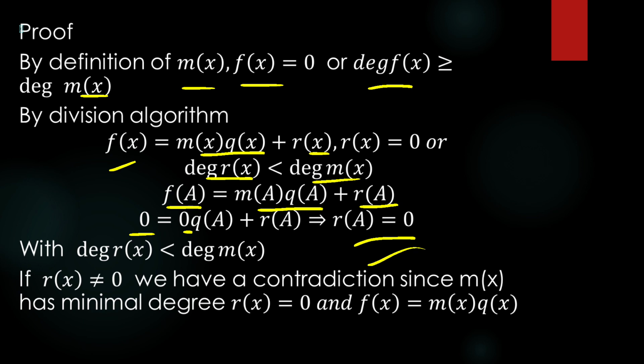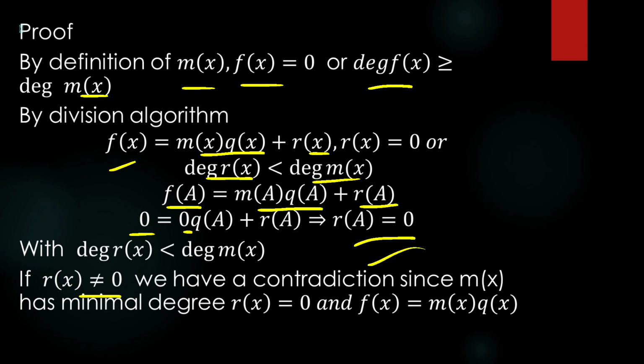And if there is no remainder, it will mean that it will be able to divide our function because the remainder is not there. So if the degree of r(x) is less than the degree of the minimal polynomial, and if r(x) is not equal to 0, we have a contradiction.